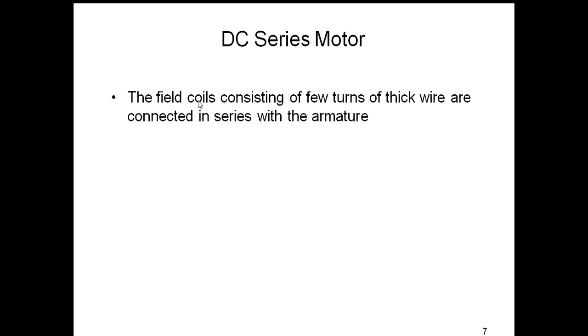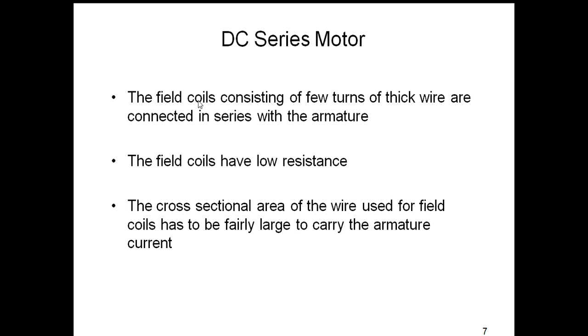In this, the field coils consist of few turns of thick wire, and this few turns of thick wire is called a field coil, which is connected in series with the armature, and these field coils have low resistance.